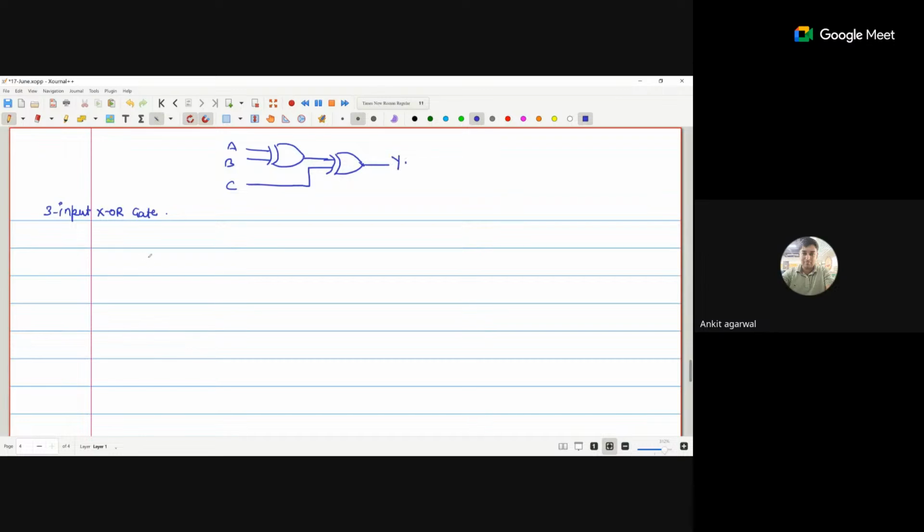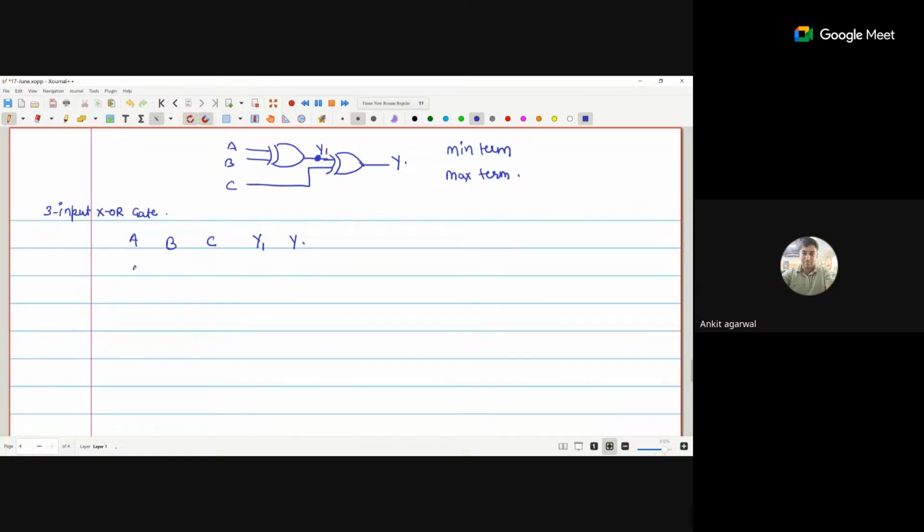Y. So we have to define the min terms and max terms. The first thing that we have to solve is min term and max term. So the 3 inputs are available: A, B, C. I am saying this is Y1, and finally the output is Y. For the 3 inputs, how many combinations are possible?